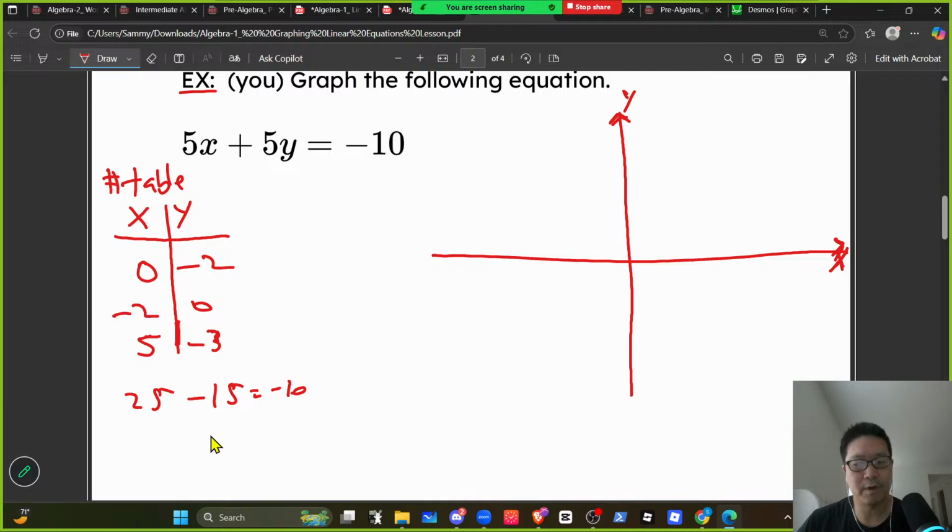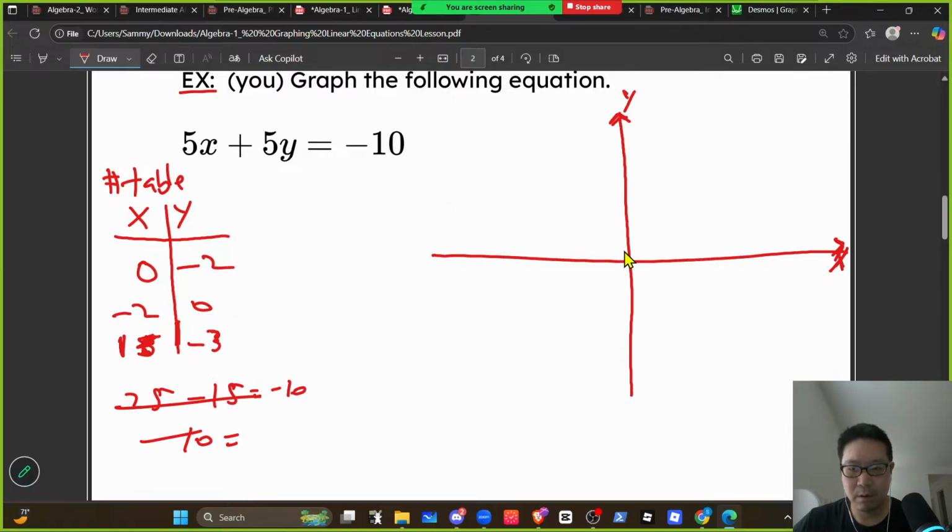Yeah, 25 minus 15 is 10. Wait, no, I meant 1. Sorry, not 5. So 1 and -3? Yeah. So 5, subtract 5, -15. Yeah, 1 and -3.